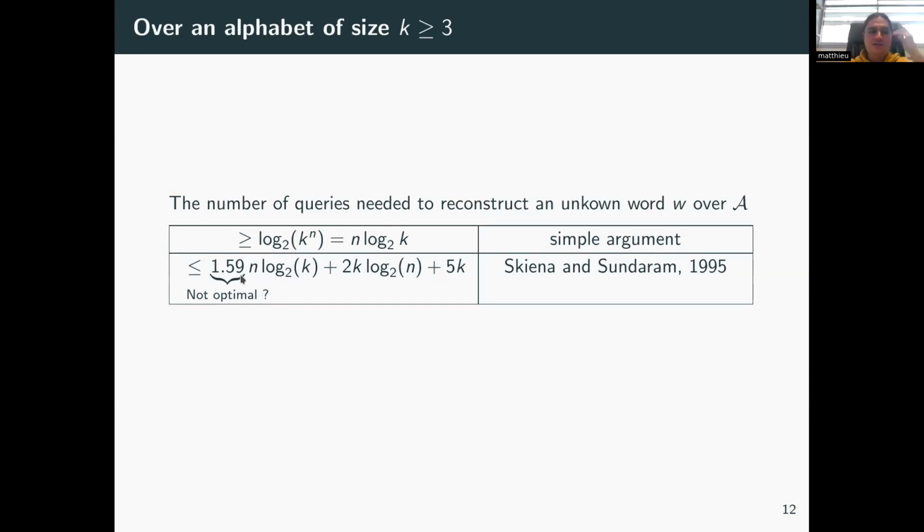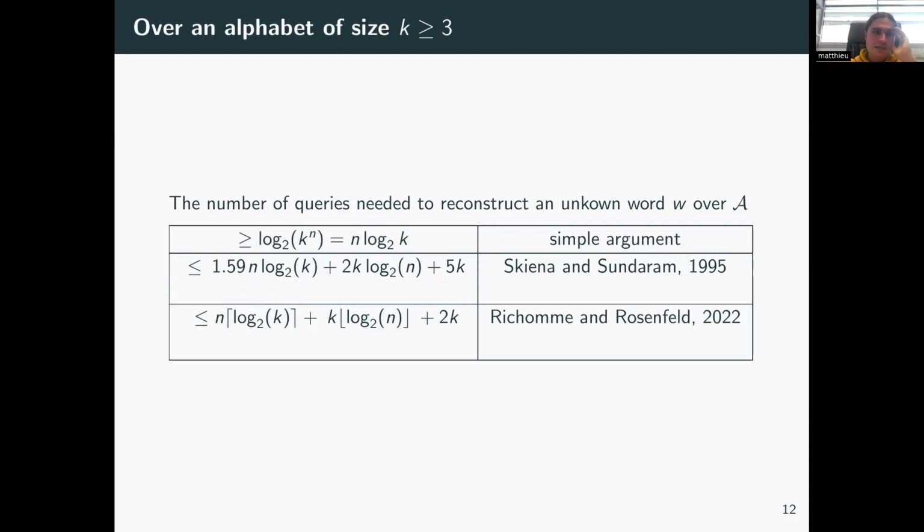So the question is, can you improve this, at least the first coefficient? Then we can try to see if we can improve even the rest of it. And the answer is yes, actually. You can really improve the coefficient. So the first order term becomes optimal. So that's what we did as well.